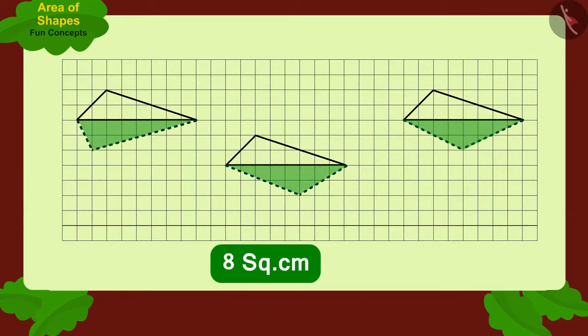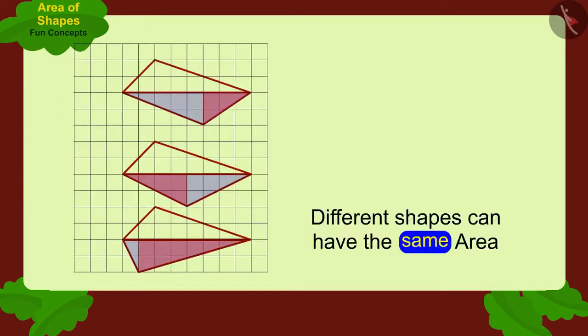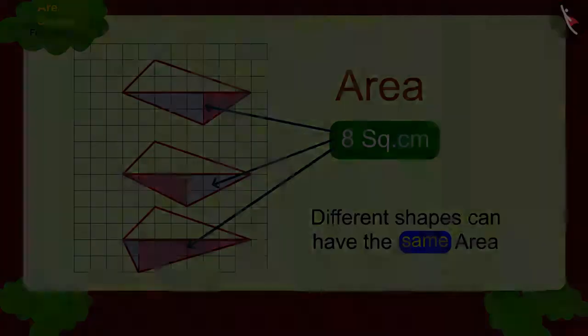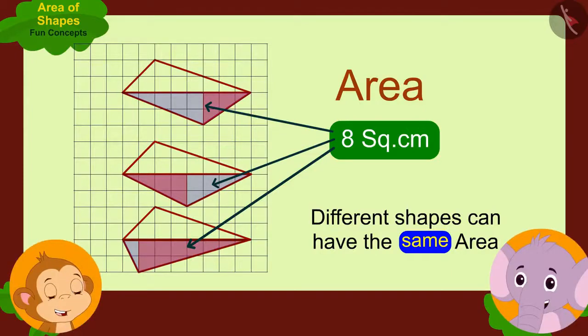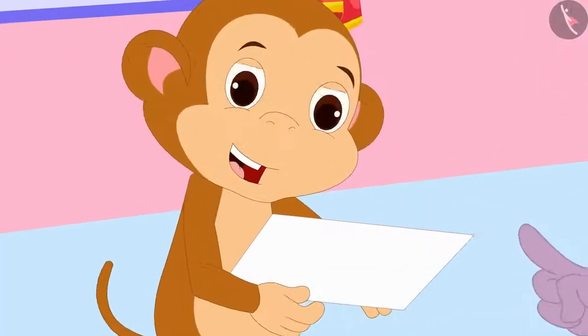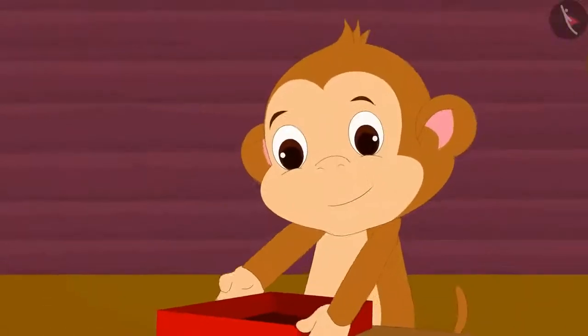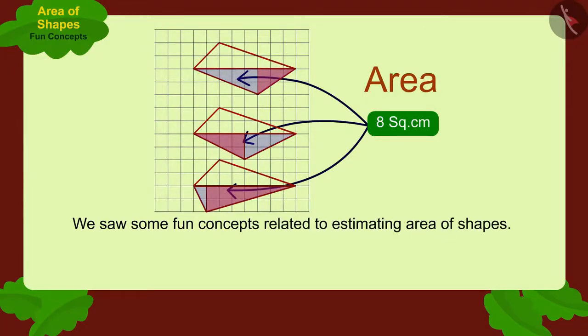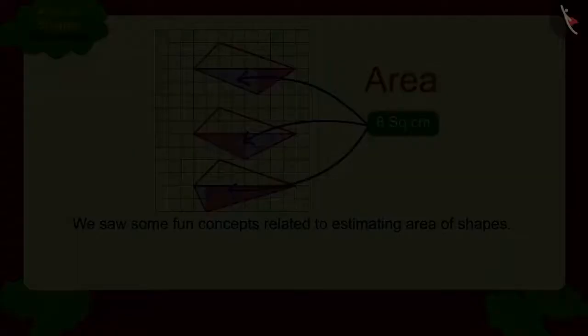This was possible because different shapes can have the same area. Appu and Babban also understood this, and Babban got the contract from Appu by making the right sample this time. Children, in this video we saw some fun concepts related to estimating area of shapes.